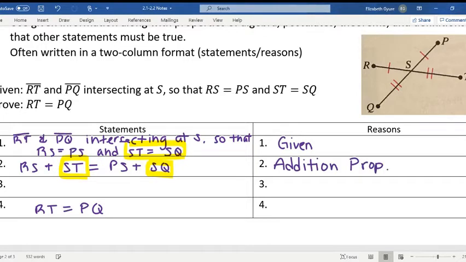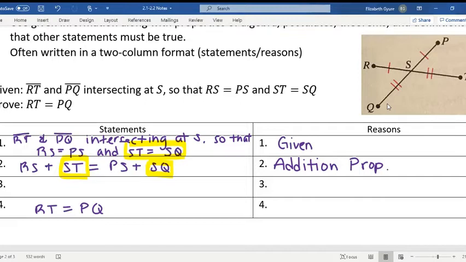Okay. Now, why is this helpful? Well, if you look, I now have my full segment paired together. Measure of RS and the measure of ST is going to make that whole measurement, right? And the measure of PS plus the measure of SQ is also going to make that entire measurement. So that's helpful because that's where we want to end up. We want to end up with our full segment.